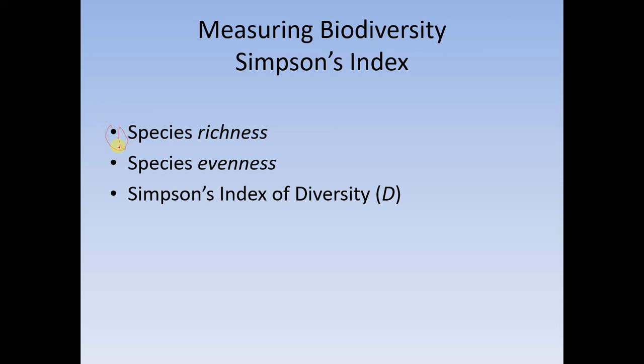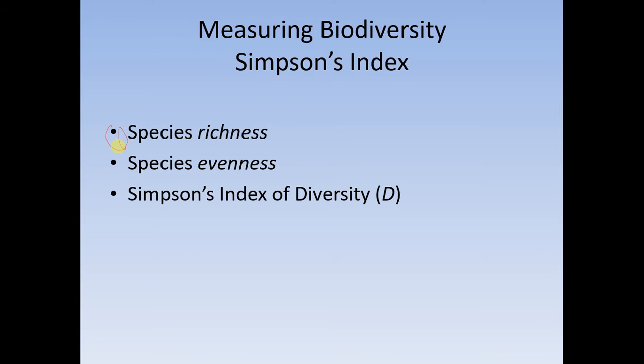Alright, so in today's lesson, we're going to look at measuring biodiversity using the Simpson's index. I know at the end of last time, when we were talking about biodiversity, we mentioned some of the reasons that biodiversity was important.